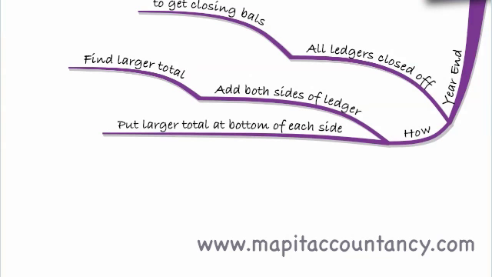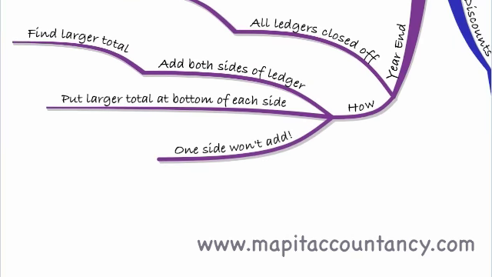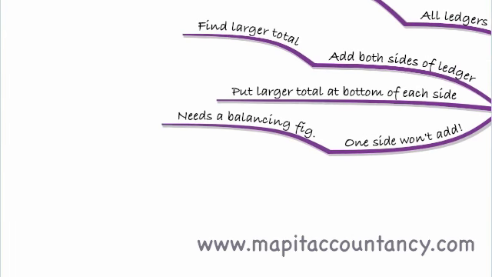Now, so far we've seen that we've put the larger total at the bottom of each side. What that means is that one side won't add up, because it's only that one side that has the larger total added to it. So what we need is a balancing figure to make sure that each of the sides add up.